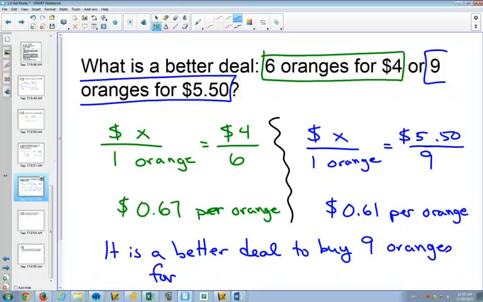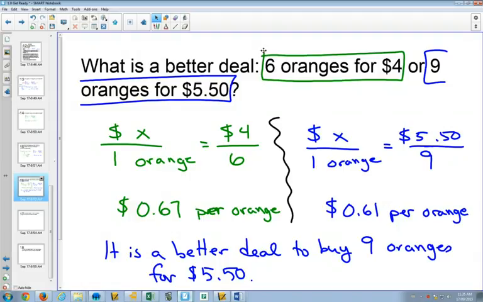So here is how we'd write a nice answer. 9 oranges for $5.50. Now, this is an example of how you find out a unit price. You could have chosen a different unit.